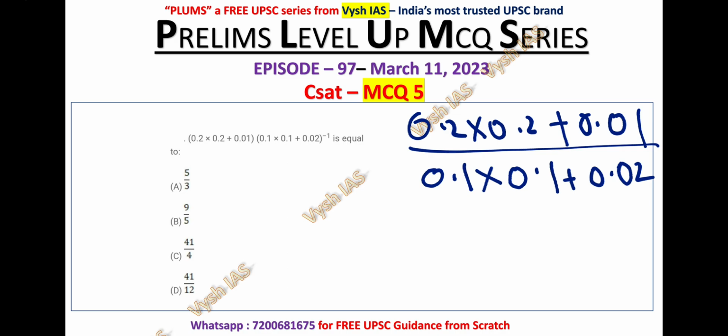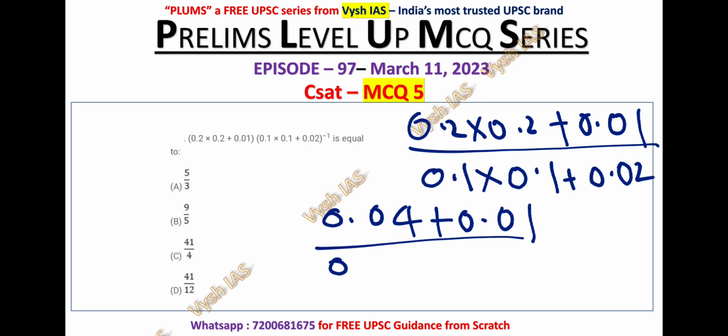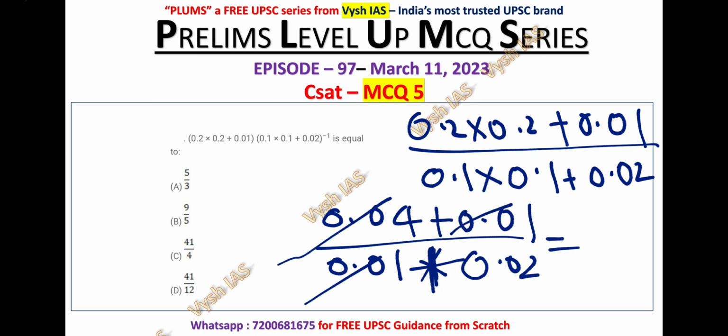So 0.2 into 0.2 is 0.04 plus 0.01, divided by 0.1 into 0.1 which is 0.01 plus 0.02. If you take decimals common, every decimal will get cancelled in the numerator and the denominator.